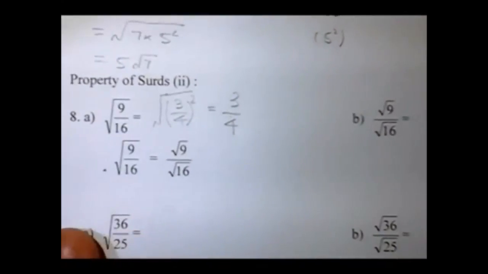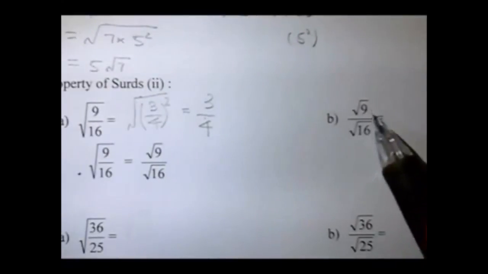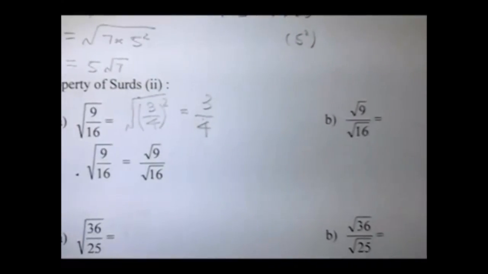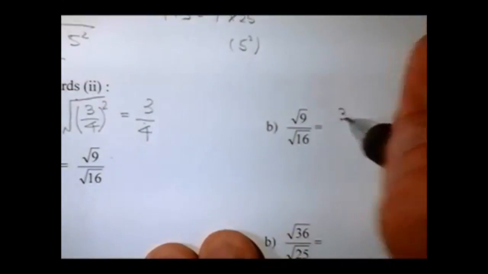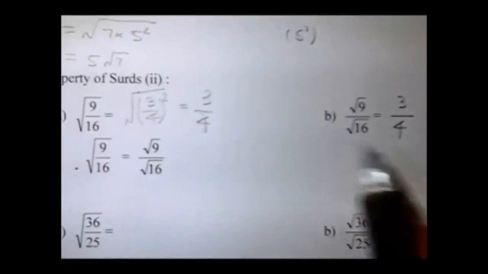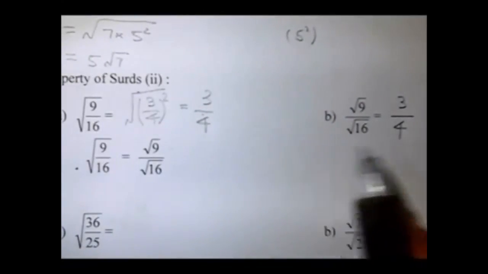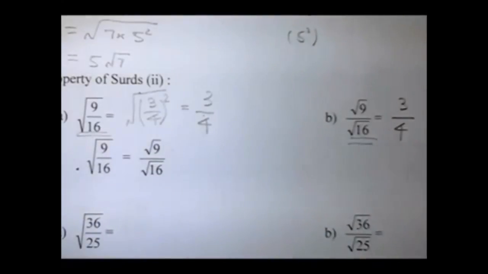But how about we take the square root of the numerator and the denominator separately? Root 9 is equal to 3. Root 16 is equal to 4. They are the same. The two answers are the same. So the left hand side is equal to the right hand side.